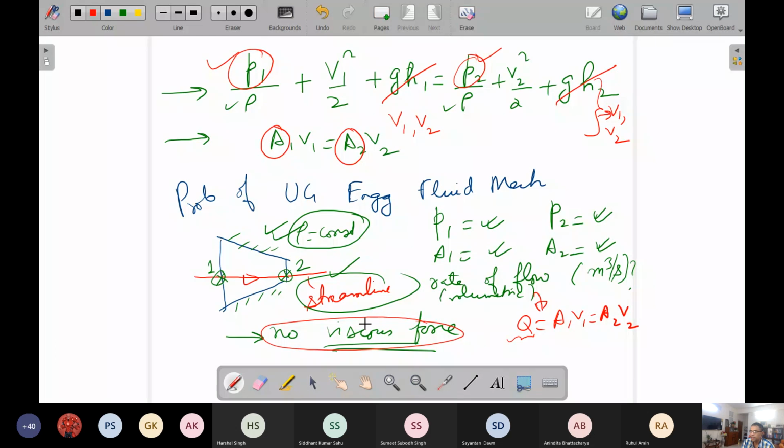And through all your practice of competitive exams, starting from JEE, GATE, etc., you have learned so many of these ways of coming up with an answer where the answer is correct, but the method is fundamentally wrong. So this is one such burning example in fluid mechanics.